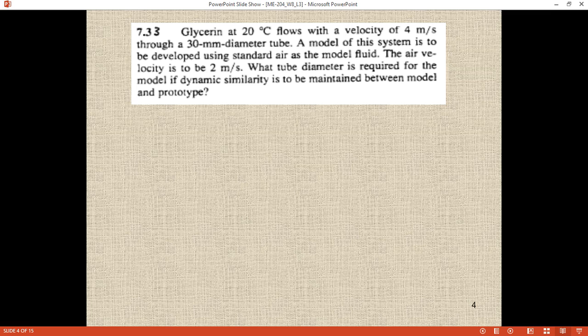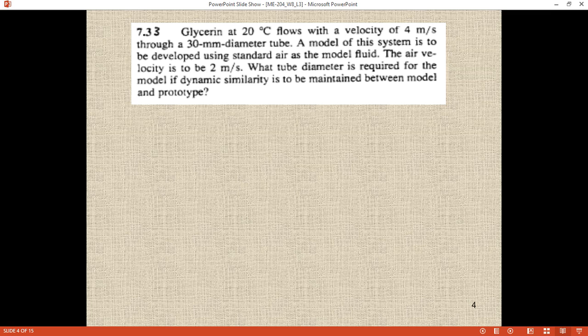A model of this system is to be developed using standard air as the model fluid. The air velocity is to be 2 meter per second. What tube diameter is required for the model if dynamic similarity is to be maintained between model and prototype? Here you can see what information is given.